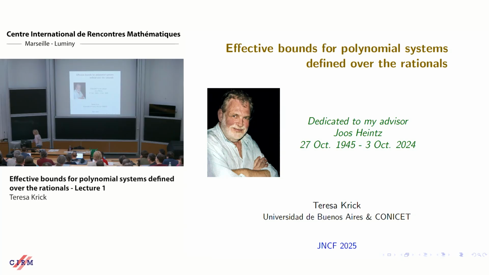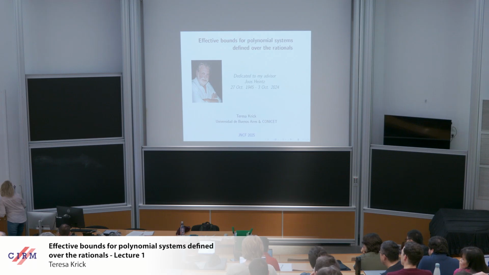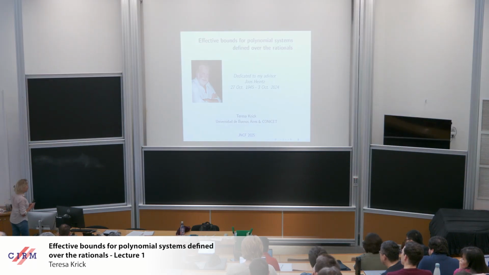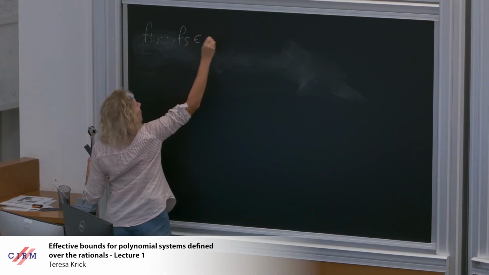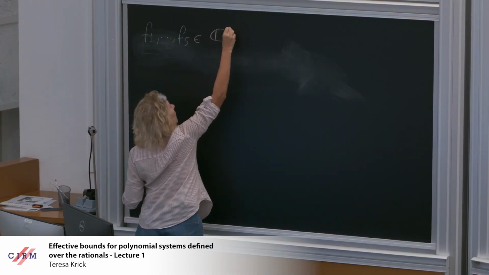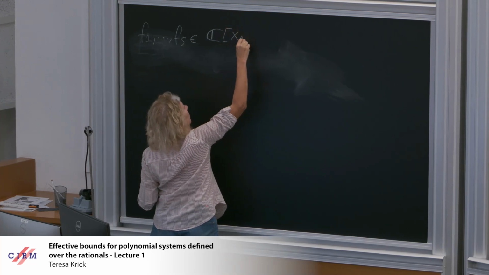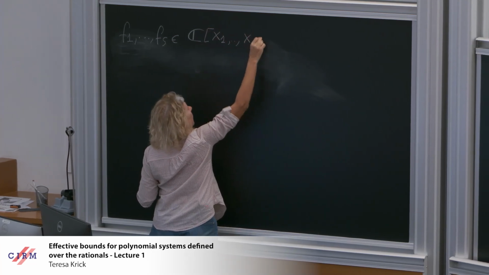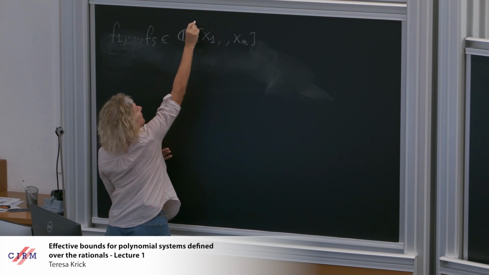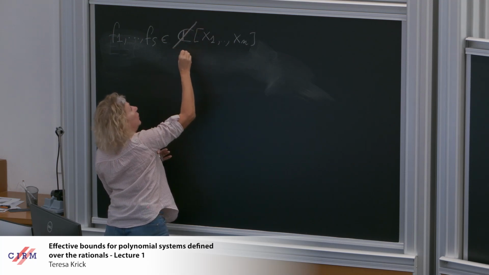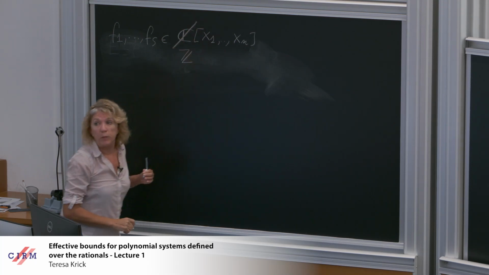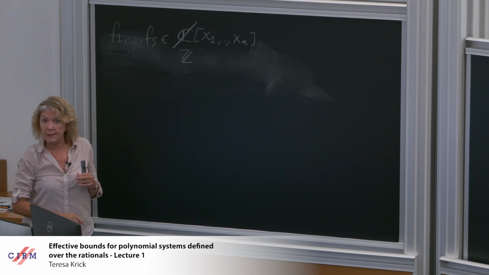So let me write the setting. My setting is that I will have polynomials in n variables, and soon, instead of C, I will consider only polynomials with integer coefficients.